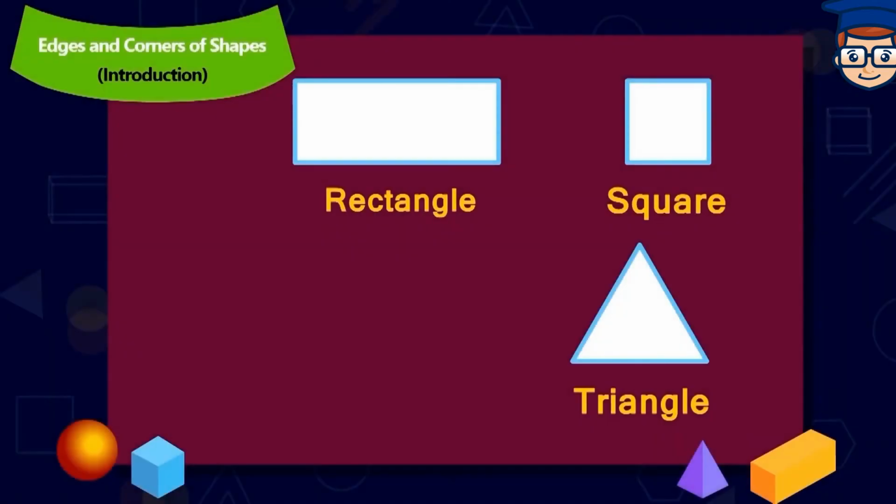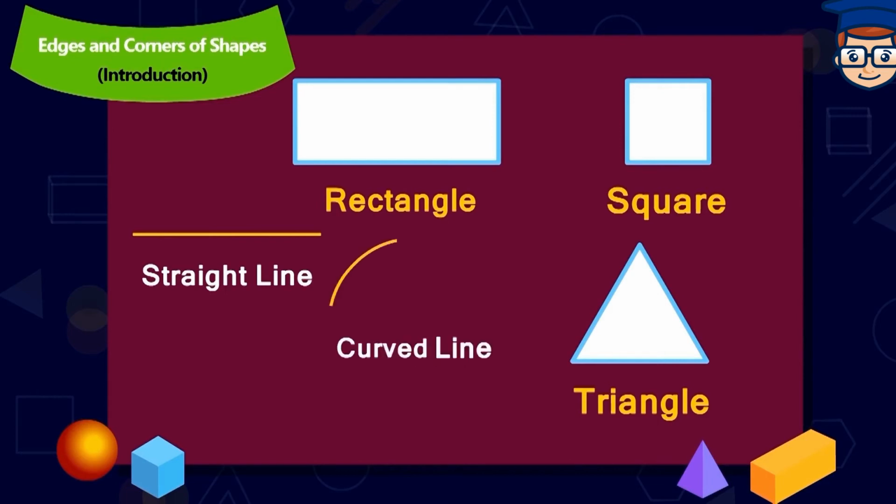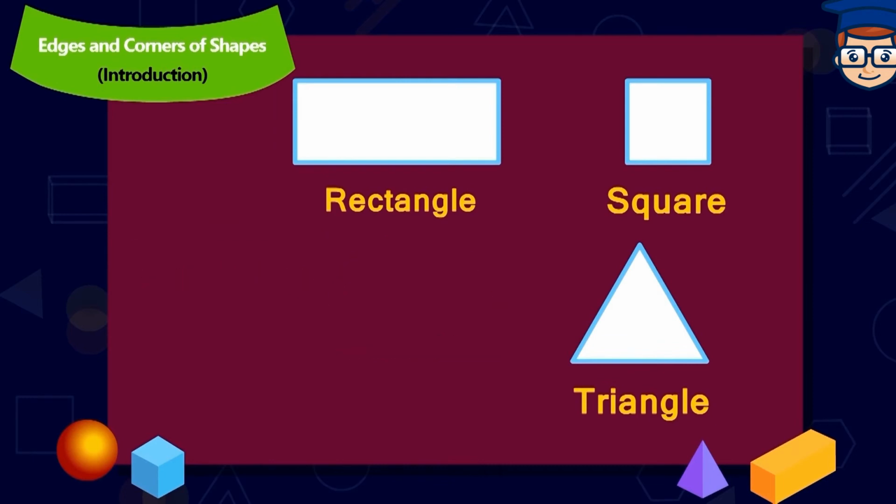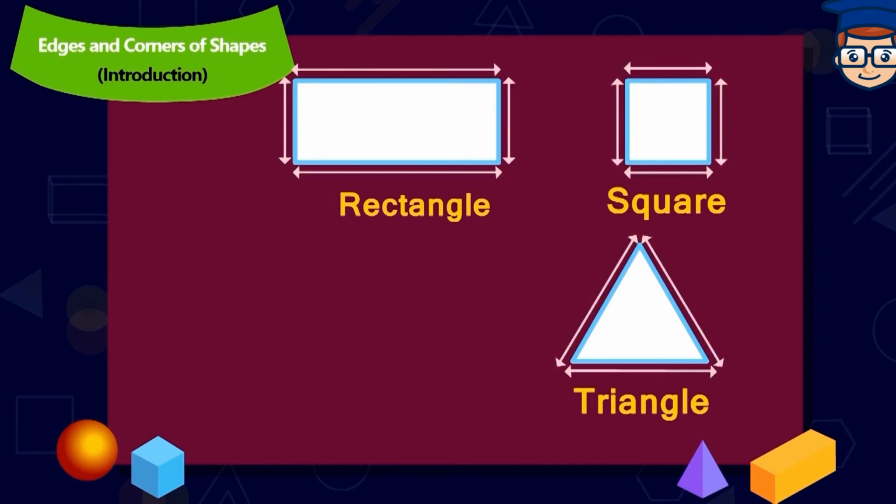Children, can you tell me if the edges of these shapes are made of straight lines or are they curved? Yes, the edges of these shapes are made of straight lines.